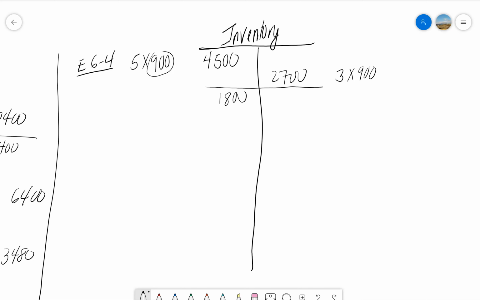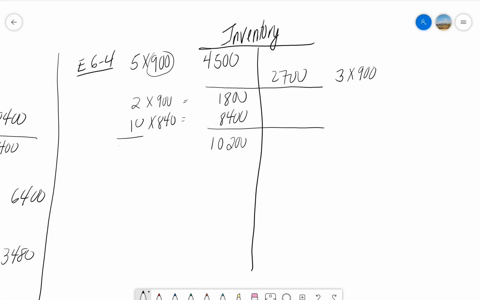So now we have 2 units at 900. That's the 1800. And then we buy 10 units. And this is at, once again, 840. So our inventory is going to increase by 8,400. Now remember we said that whenever we buy inventory, we have to calculate a new average cost. So our total inventory cost is 10,200.